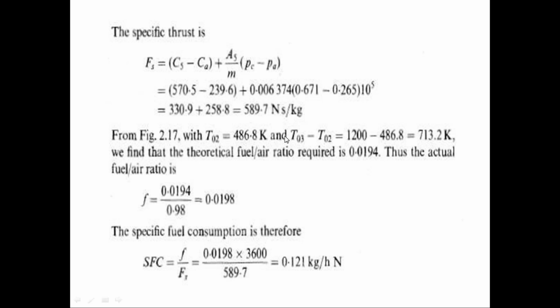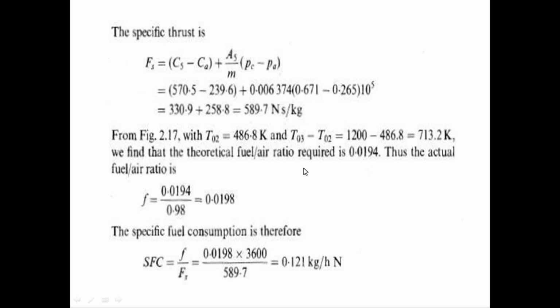Again, in order to find out the specific fuel consumption, you need to find out the value of the fuel air ratio. For that, you need to look at the theoretical fuel air ratio divided by the combustion efficiency. Combustion efficiency is 0.98 and the theoretical fuel air ratio is 0.0194.